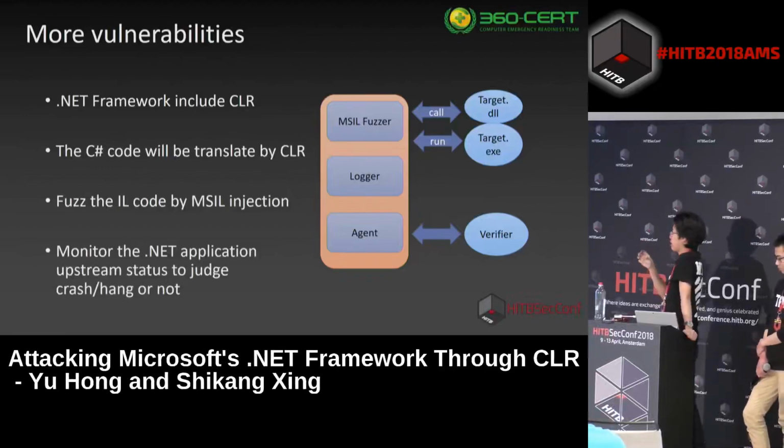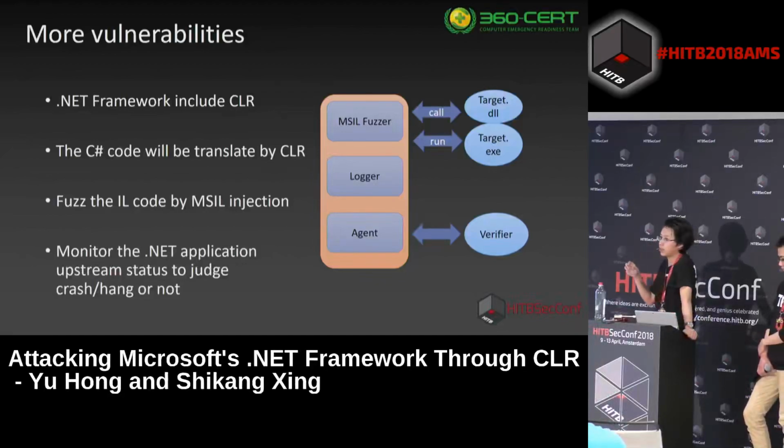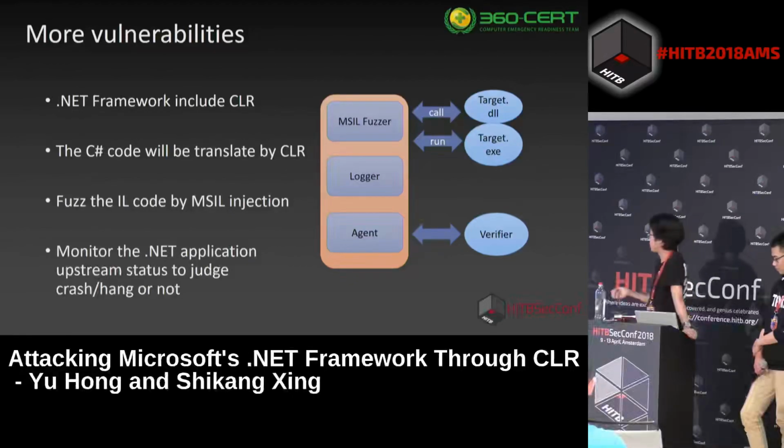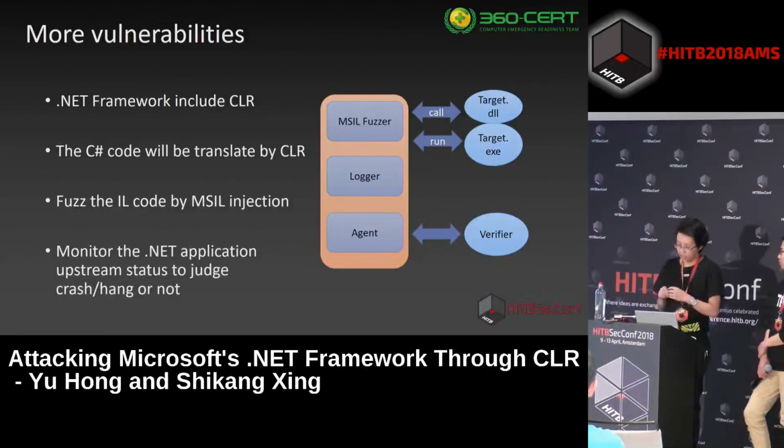We control the IL code, and then we control the .NET application program flow. We just need to control the IL code, and we can control the application. This is our fuzz mode. In this fuzzing situation, the MSIL injection plan B, just proposed by the Phrack magazine, is better.